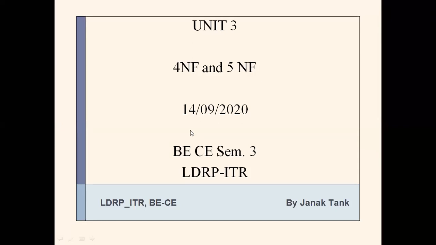Till date, we have seen that there are multiple keys, and with respect to the multiple keys, we can deduce the rest of the attributes. So here, in the fourth normal form, we are going to see how this is associated with the number of keys.